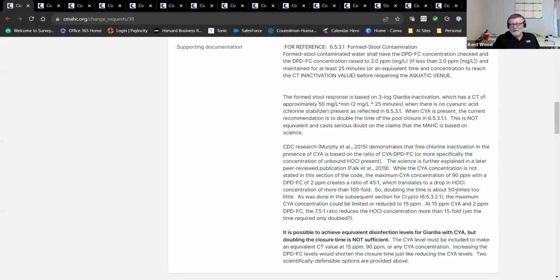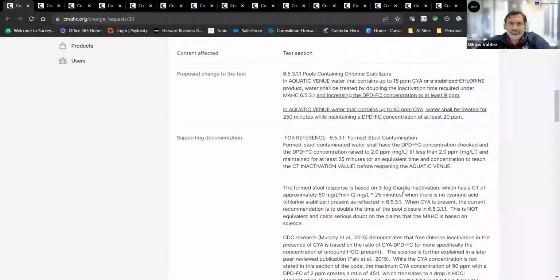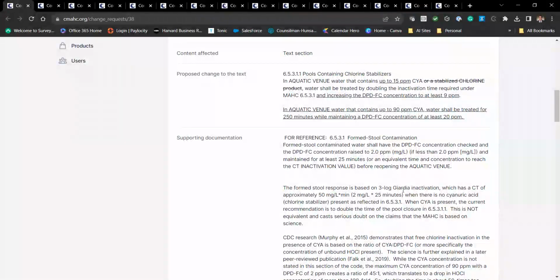Thank you. The change again? The proposed change? So it keeps the current language for doubling the inactivation time. Instead of any cyanuric acid level, anything up to 15 parts per million would double the inactivation time. And then increase the free chlorine concentration to at least 9 parts per million.